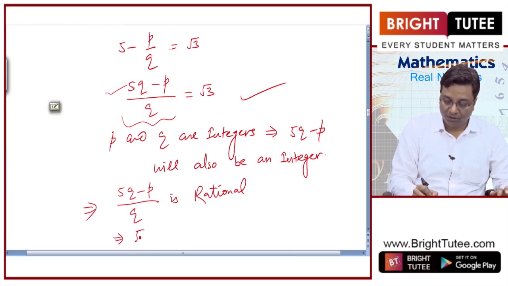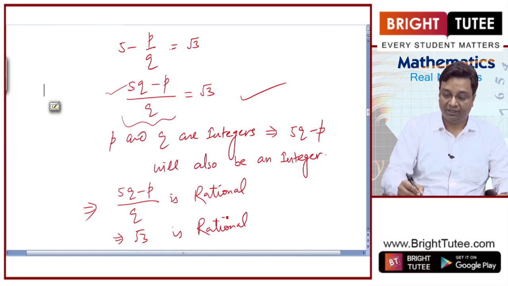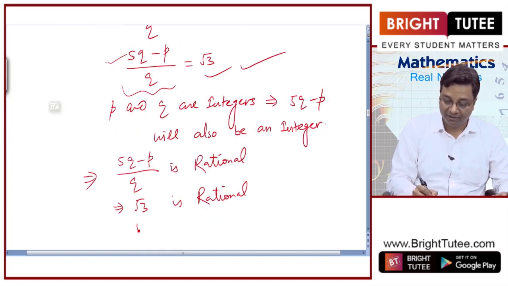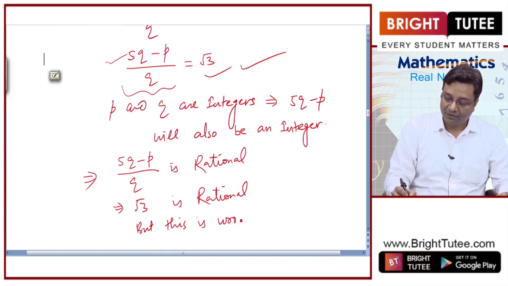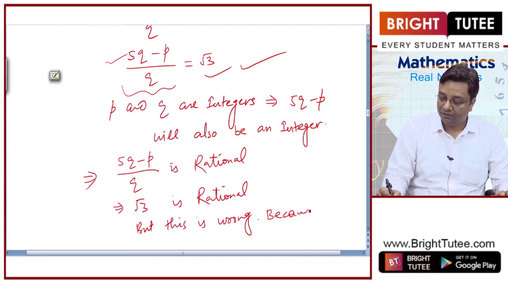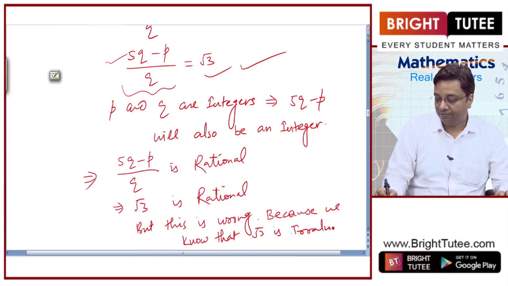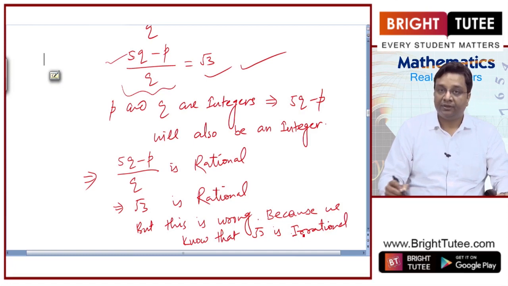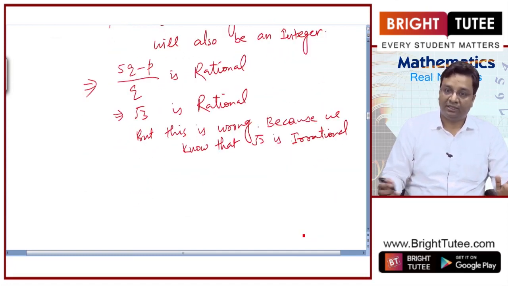So root 3 is rational, which is the right hand side, but this is wrong. Why? Because we know that root 3 is irrational, right? So there is a contradiction now.